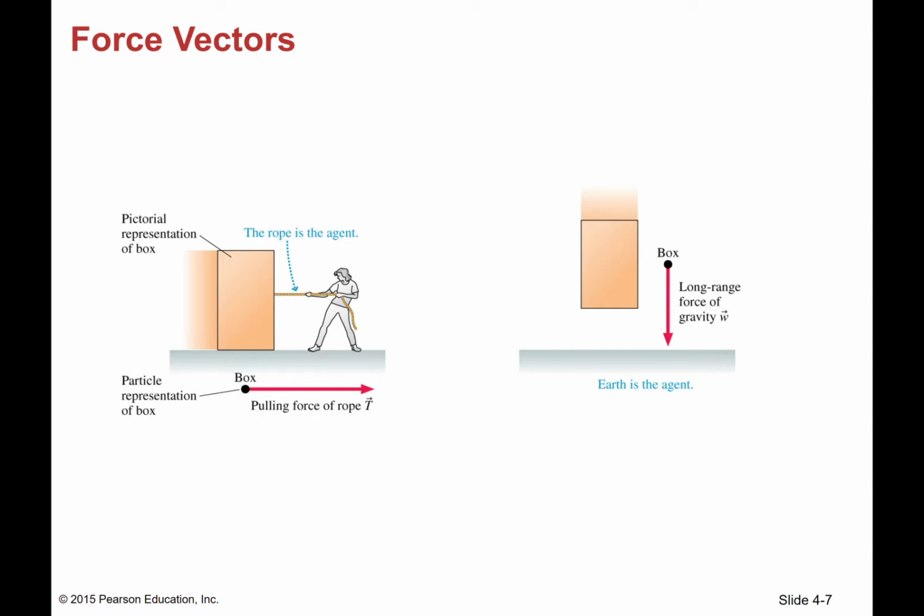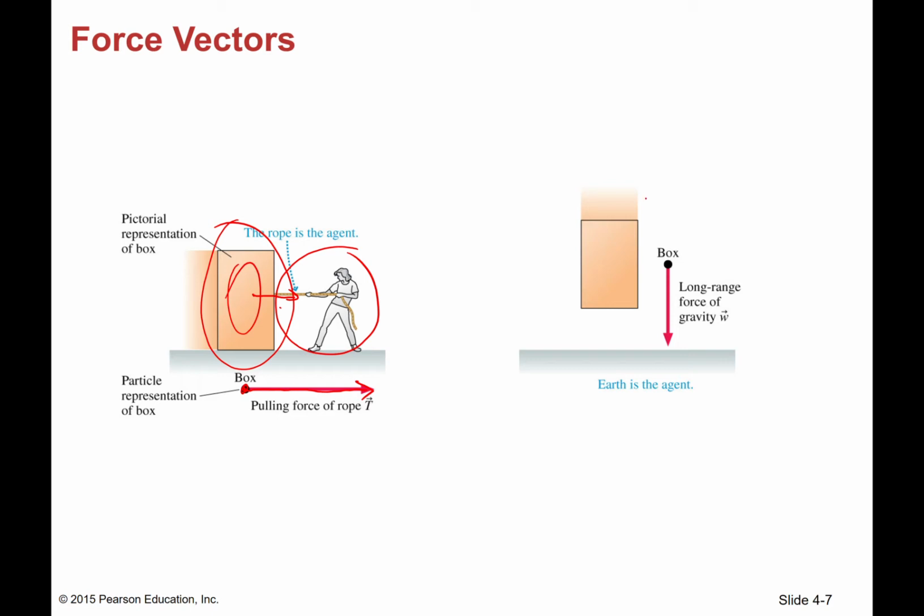Here we have examples. She is pulling this box. The agent is the rope, basically. So there is a force being applied on the box. The object that the force is being applied to is this box here. And then we draw the force as a vector, an arrow applied to the box at this point, and it has a length and a direction.